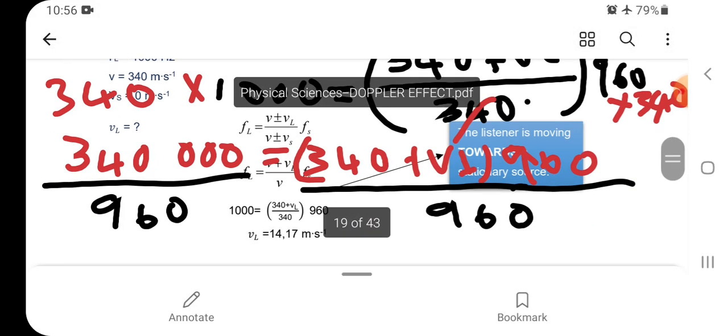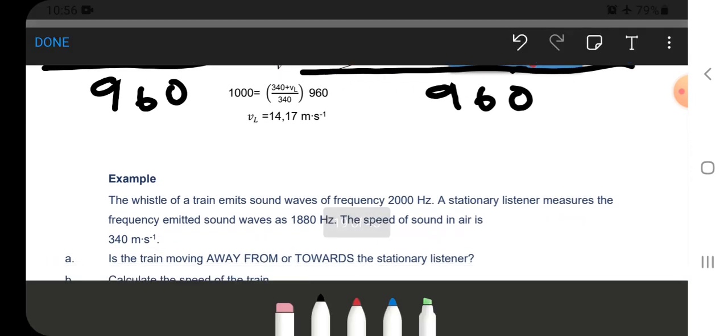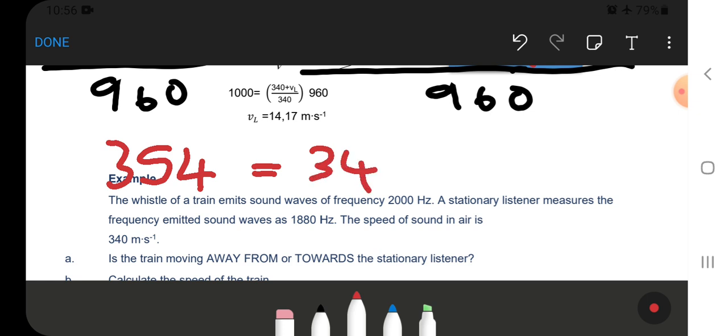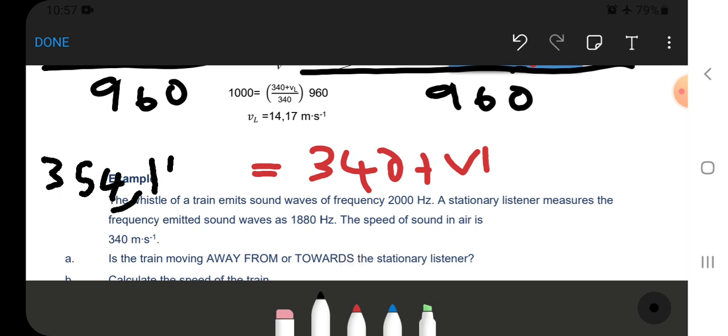So on this side we are going to get 354.16, and that equals 340 plus VL. I'm not even going to round off: it's 354.16666, and a 7 at the end.